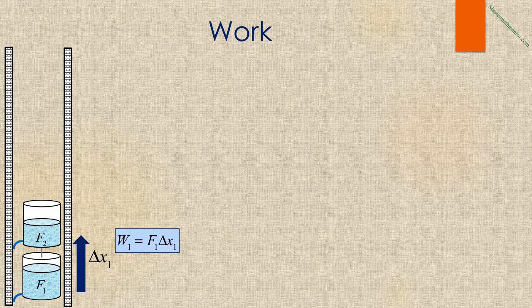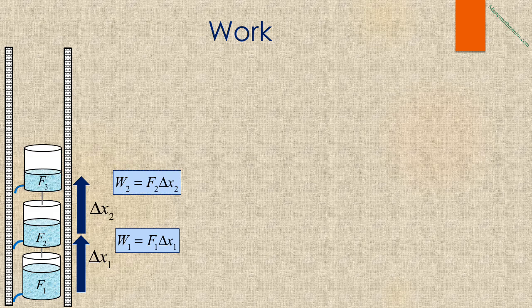So the work to move the bucket, W sub 1, is equal to F sub 1 delta x sub 1. The bucket has lost water, so it now weighs F sub 2. We now move our bucket up a distance of delta x sub 2. So the work to move the bucket is W sub 2 equals F sub 2 delta x sub 2.